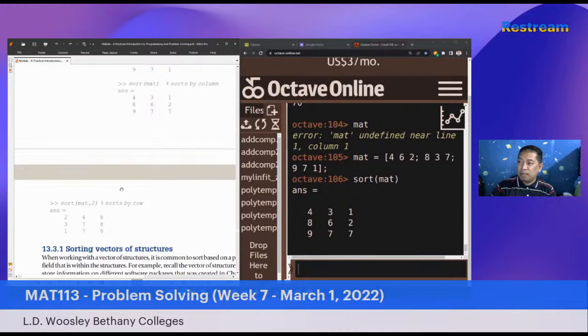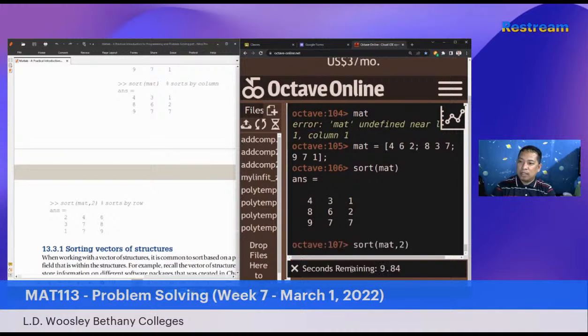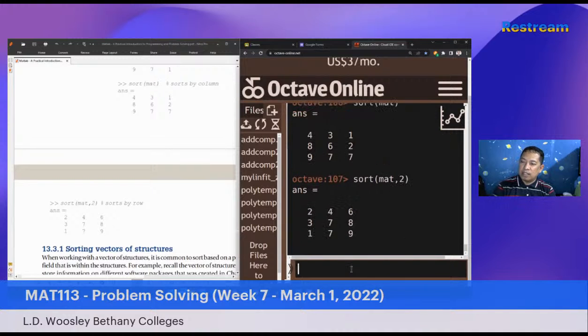So this time, by 2, sort by row, instead of sorting by column, no? At 2. So, yan yung makikita natin. Sinort niya. So, pansin niyo, 2, 4, 6, 3, 7, 9, 1, 7, 9. So, per column yung sorting niya. Ay, per row.